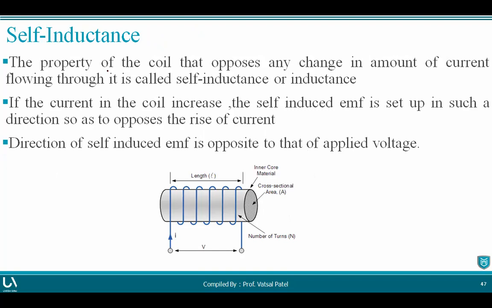As we discussed about the self-induced EMF in the previous part, whatever the induced EMF according to Faraday's law, we also identify that minus sign with the N d phi by dt. So that is applied here also.